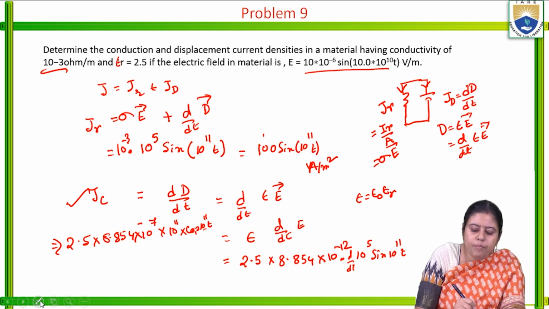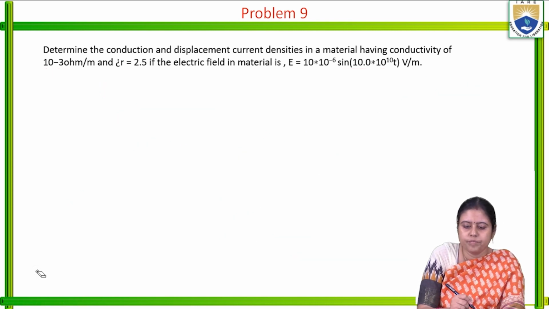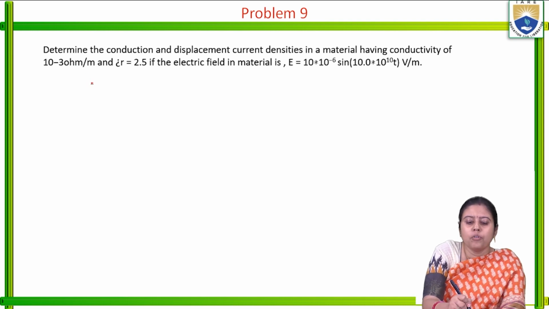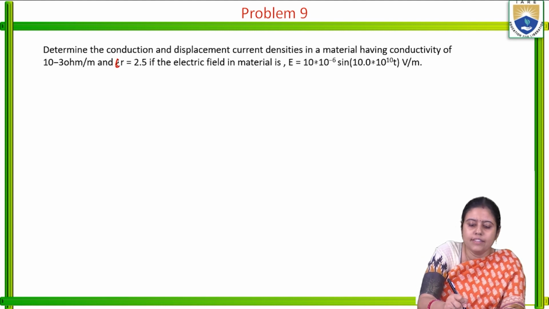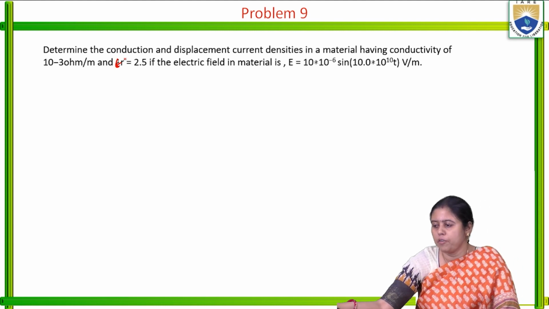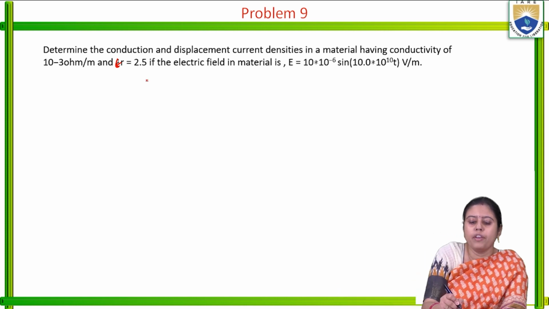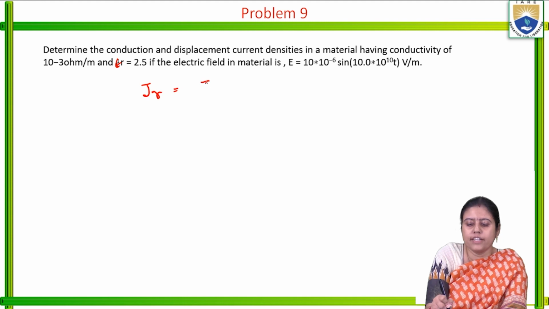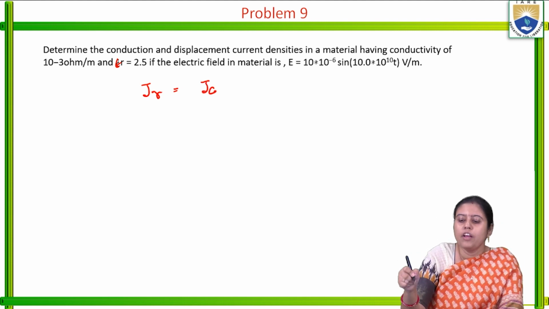Next, in the same problem, sometimes they give another part: at which frequency both the currents will be similar. At which frequency both currents will be similar? To solve this problem, we have to write JR, the conduction current density, is equal to the displacement current density.